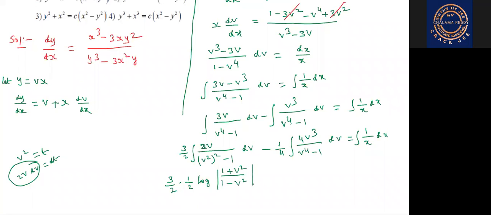This is the exact formula. Minus 1 by 4. This is logarithm of v power 4 minus 1, because integration f dash of x by f of x dx like that is there or not? And right hand side, observe that log x, and write that integrating constant here log c.